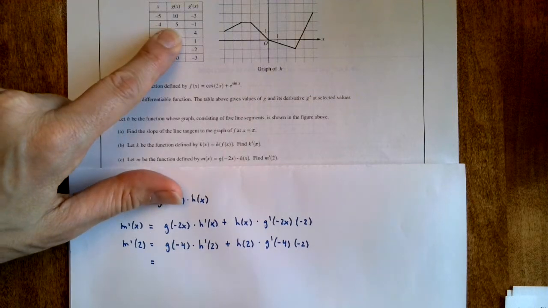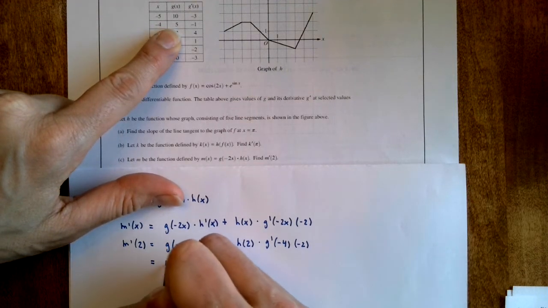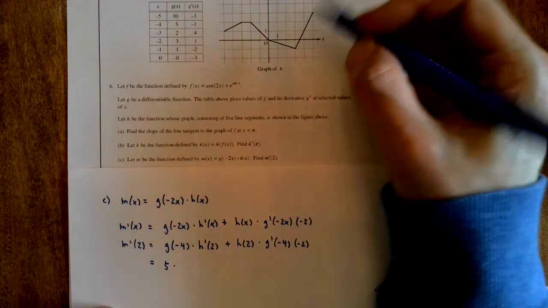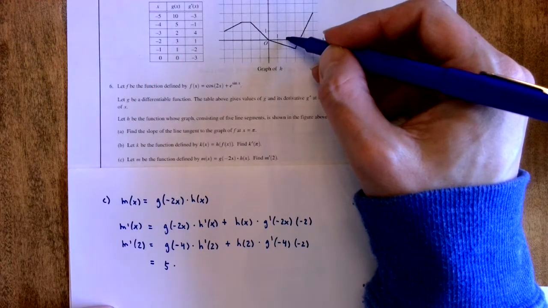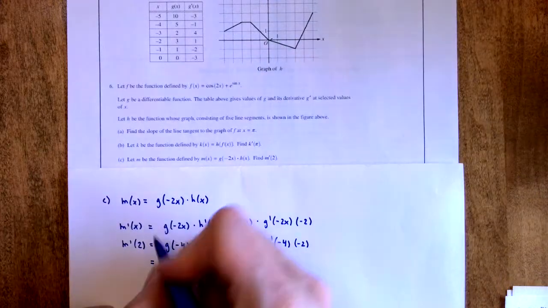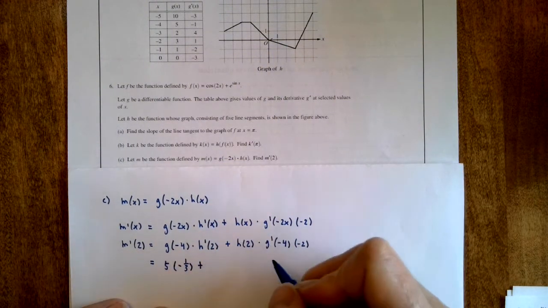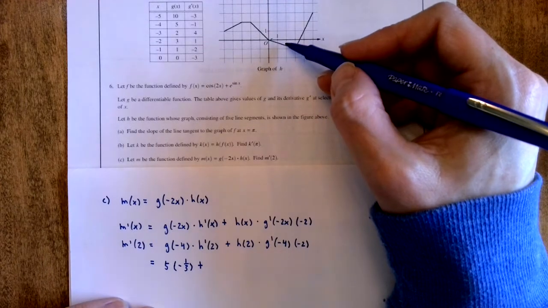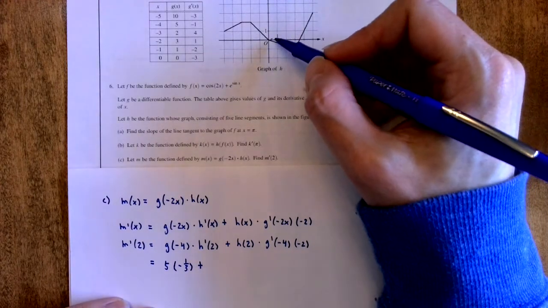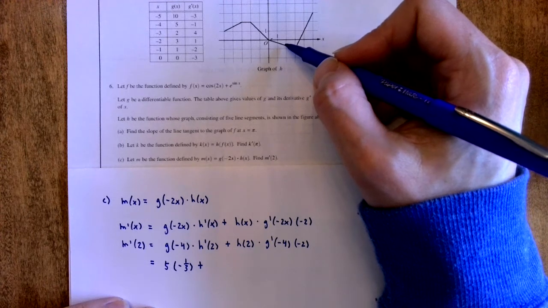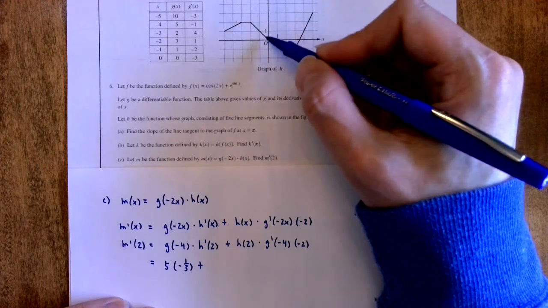All right, so g of negative 4 I can just get from my table. So g of negative 4 is 5. H prime of 2, right? Again, h prime of 2 is that slope when x is 2, and we found that was negative 1/3. Plus, now h of 2, we've got to be a little careful with. So h of 2 obviously isn't some nice value. So here's where we're going to use what we know about this slope.